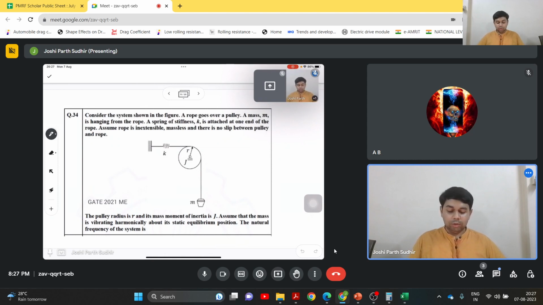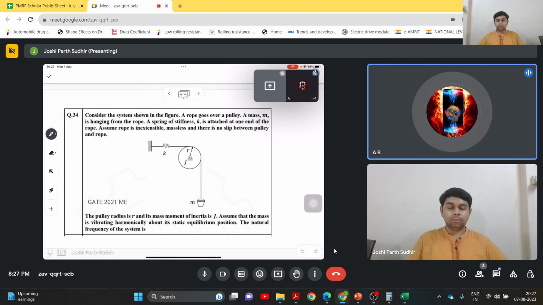So we have this system. We have to find out the natural frequency of this system. So any idea how to solve this problem? First we calculate the tension force, I think, due to the weight.